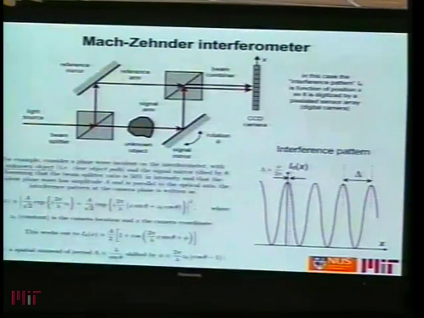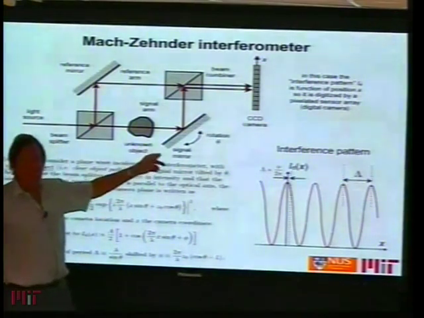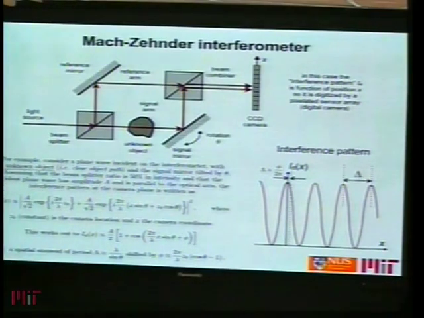So this is now again looking at this idea of tilting something. I mentioned tilting with regard to the Michelson interferometer. I said if you tilt one of those mirrors, you would get the optical path varying linearly with transverse distance.